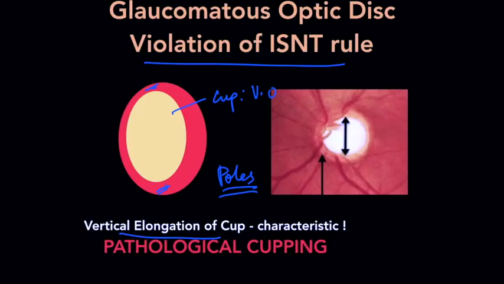So a vertical elongation of the cup at the poles is characteristic of glaucoma, and that is what we call pathological cupping in glaucoma. Because cupping can be physiological as well. Cupping just means an increase in the cup disc ratio. It's not always a pathological condition, but when there is an increase in the cup disc ratio, especially at the poles, that is what we call pathological cupping, exclusive to glaucoma as well.